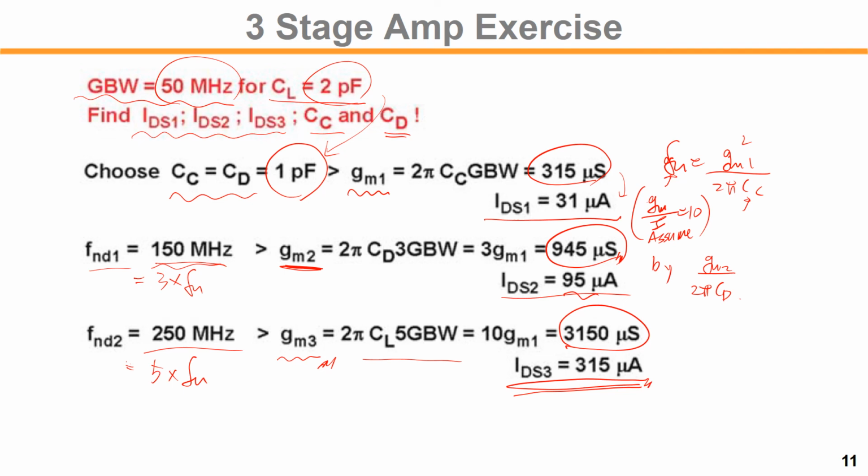If you look at the current consumption starting from the first, second and third stage, you're getting larger and larger, right? So power consumption goes up as a larger cascading amplifier is used, then you get larger power required. Okay.